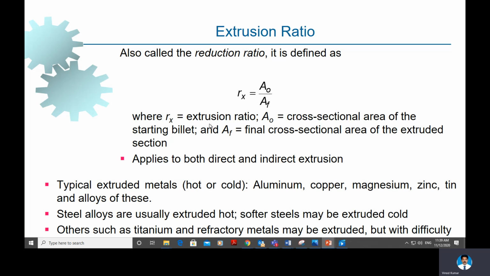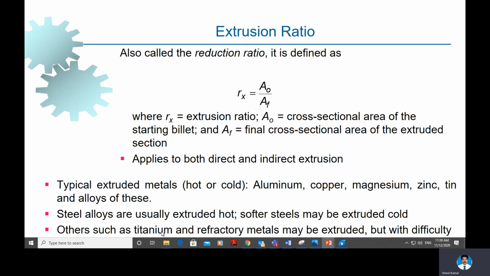Now, which materials or which metals can be extruded? Which metals can be easily extruded in hot or cold conditions? Aluminium, copper, magnesium, zinc, tin, and alloys of these are easily extruded. Steel alloys are extruded in hot conditions. Soft steels can be extruded in cold conditions also.